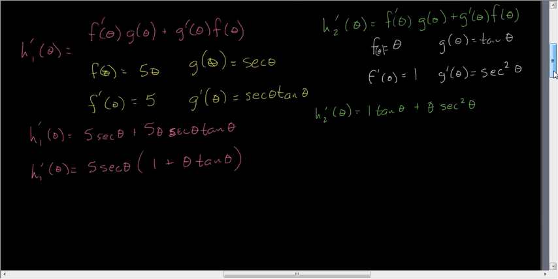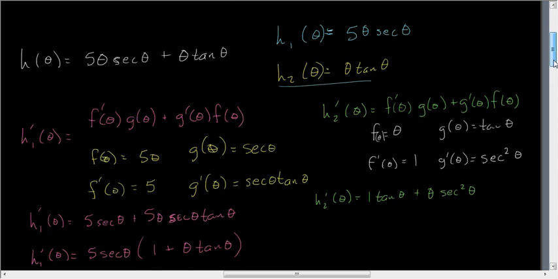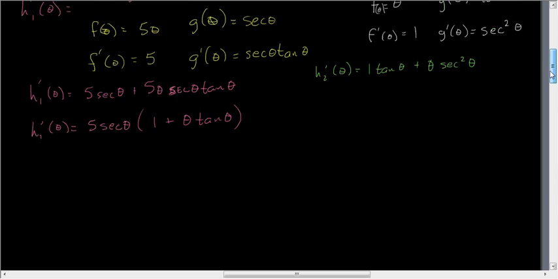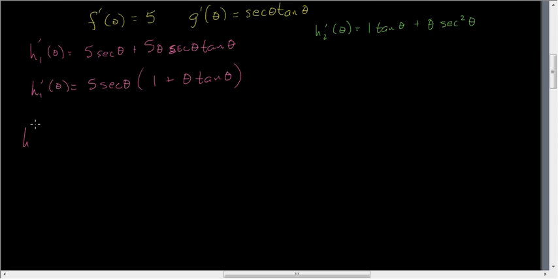Going back to our original function though, our original function added the two together, and so the derivative of a sum is the sum of the derivatives. So h prime of theta is actually equal to h1 prime of theta plus h2 prime of theta.